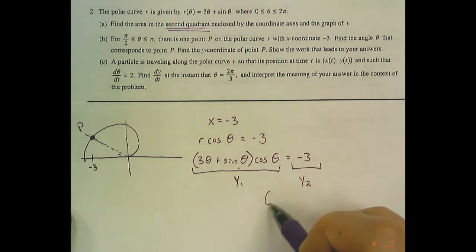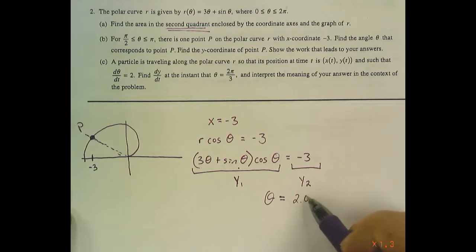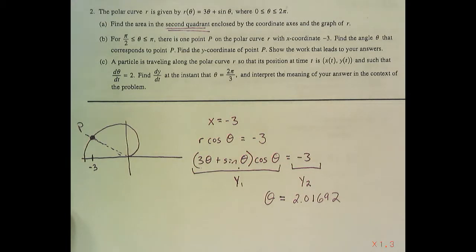Going through this process on the graphing calculator, we find that they intersect at 2.01692. Now keep in mind that's a measurement in radians, so about 2 radians.